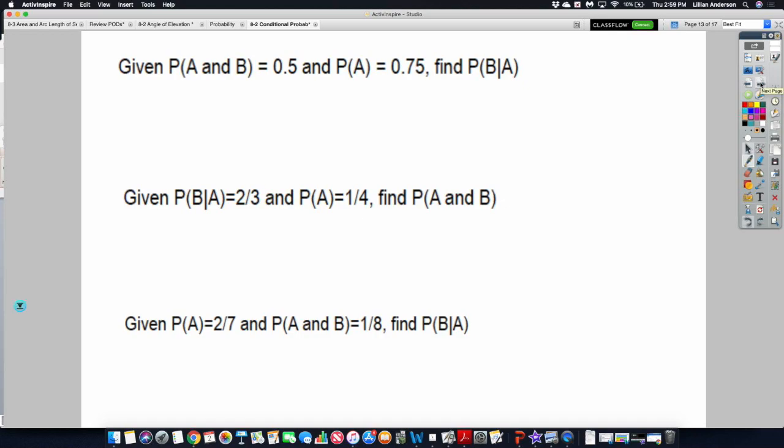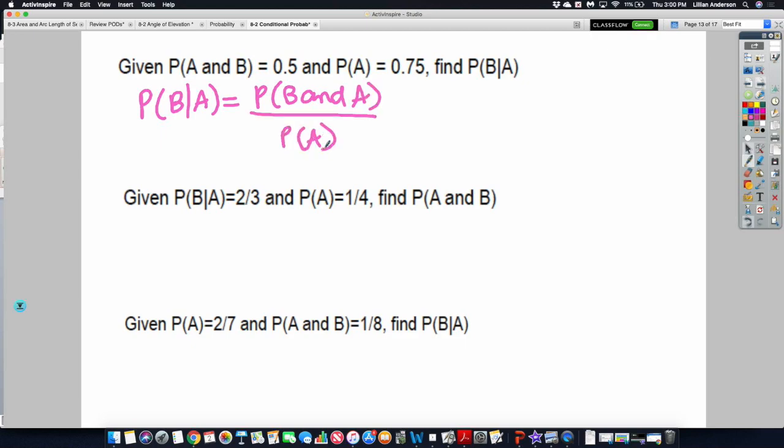Given the probability of A and B is equal to 0.5 and the probability of A is 0.75, find the probability of B given A. Remember that line means what? A is the condition. Do I have all these pieces? What's the probability of B and A? 0.5.